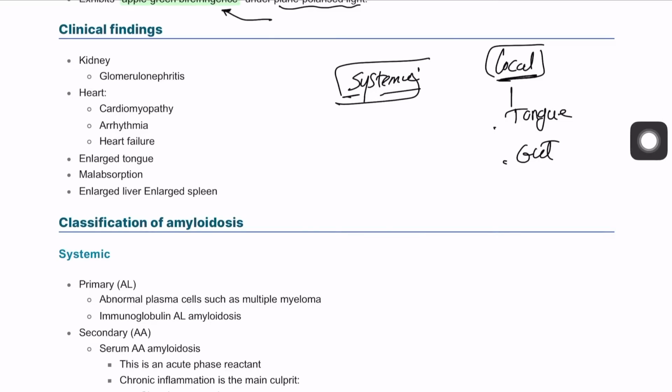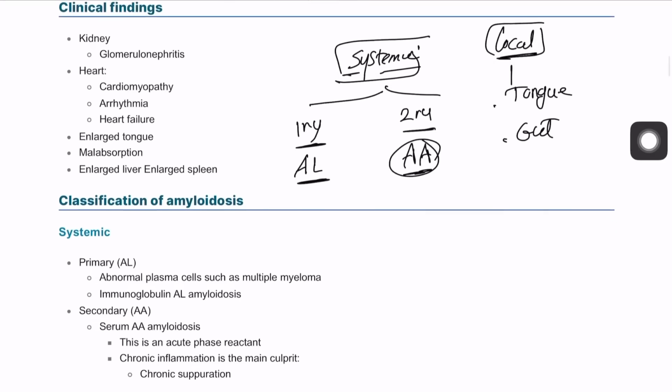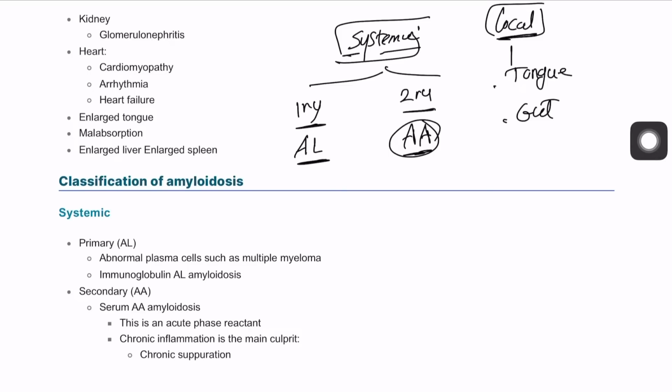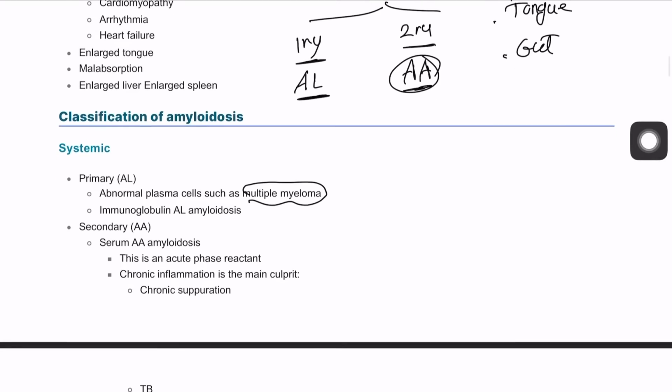Systemic amyloidosis could be one of two things: primary, which is not associated with anything, so that will be amyloid light chain protein; or secondary, which is associated with chronic inflammation, chronic suppuration, granuloma formation, tumors, rheumatoid arthritis and ulcerative colitis. That would be amyloid associated protein. And the primary is mainly multiple myeloma, as we mentioned earlier.